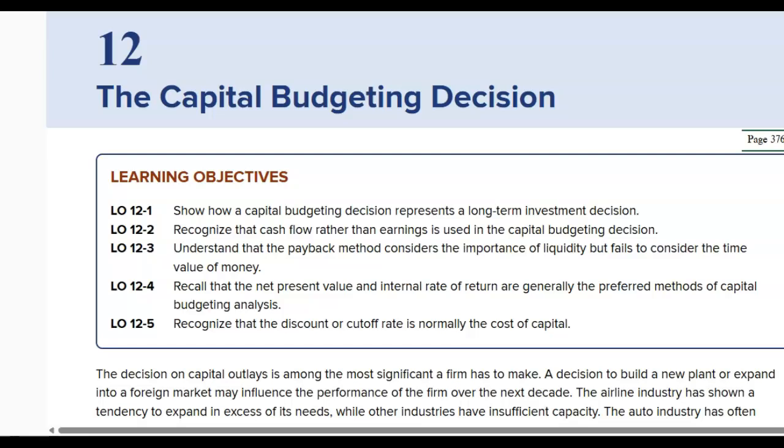And then ultimately you want to understand that the discount or cutoff rate is normally the cost of capital, which makes a lot of sense. It's explained well, but it's sort of the neutralizing factor in understanding what's involved with it. Again, the longer the payback of the project, the riskier it is, and that's reflected in the cost of it. So those are the things you look at.